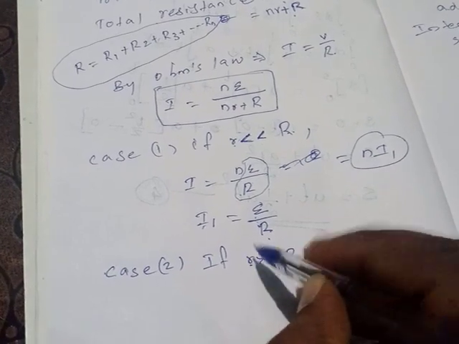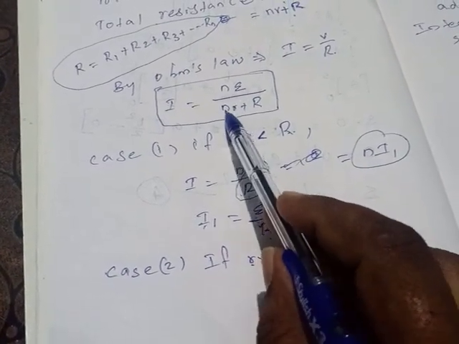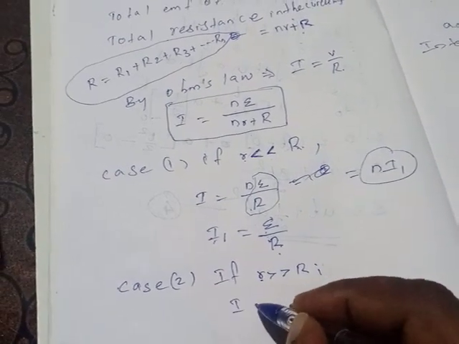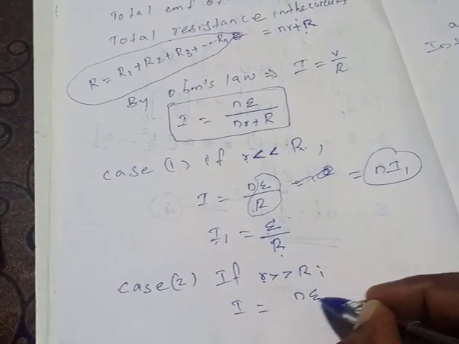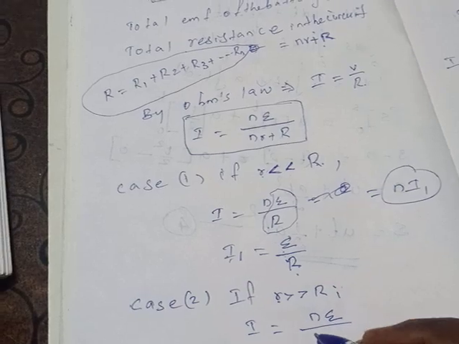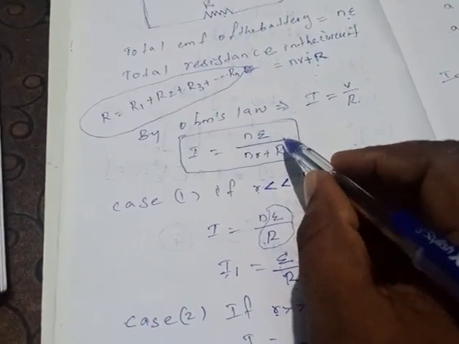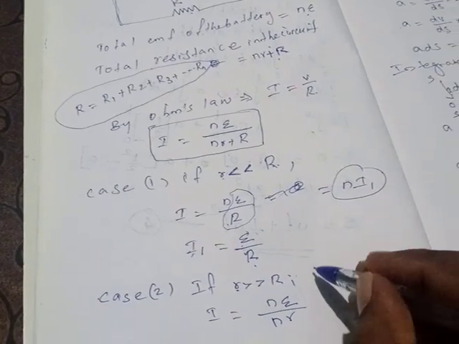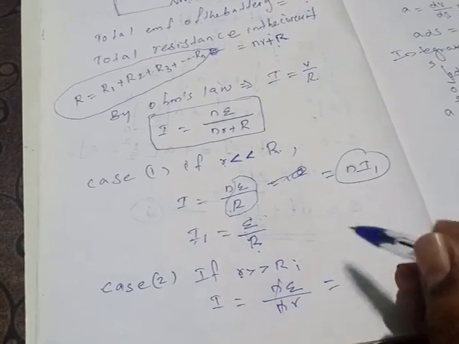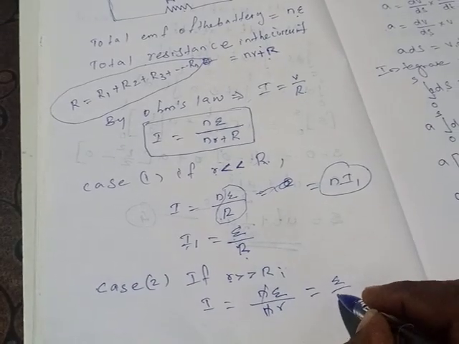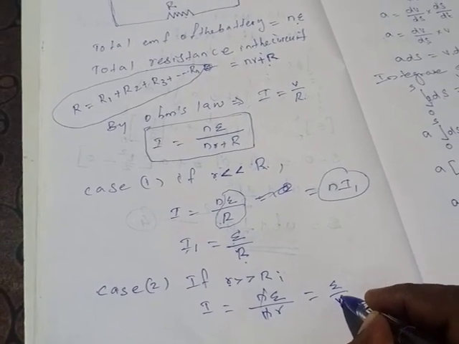Now the internal resistance r is greater; we are considering this case. From that formula, I is equal to N epsilon by Nr. This R becomes neglected because it is very small. So N cancels, and we get epsilon by r.